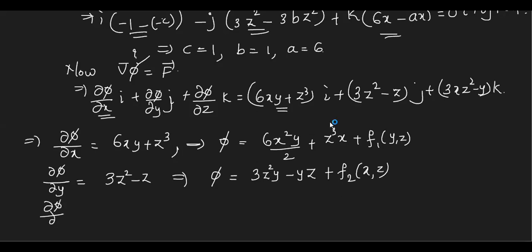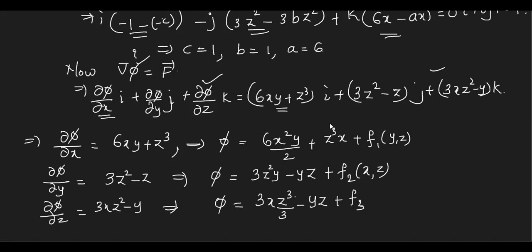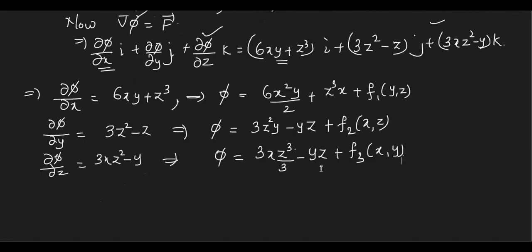Coefficient of k: 3xz square minus y. Integrate with respect to z. So phi is 3x z cube by 3, y is constant, so minus yz, plus a function of the other two. When you integrate with respect to z, you add a function of the other two variables.